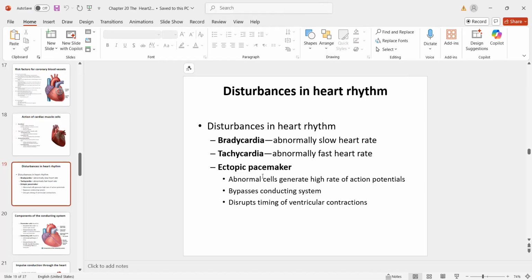An ectopic pacemaker is an abnormal conducting cell or ventricular contractile cell that begins generating action potentials at a higher rate. The activity of an ectopic pacemaker partially or completely bypasses the conducting system, disturbing the timing of ventricular contraction. The result may be a dangerous reduction in the pumping efficiency of the heart.